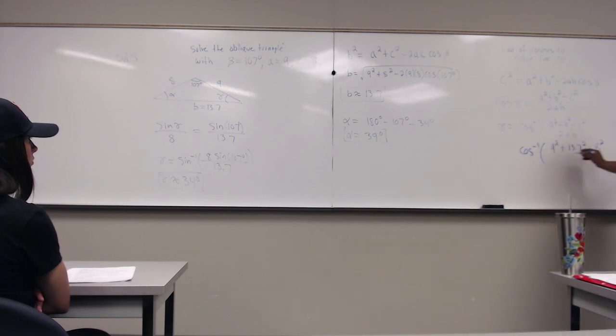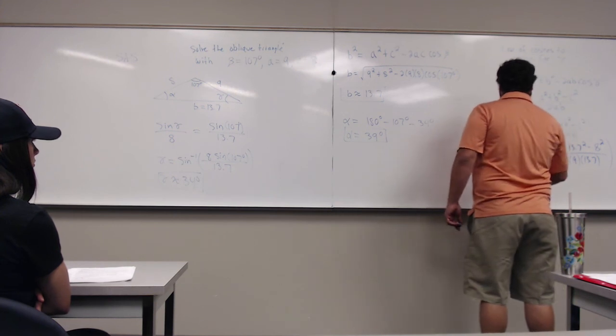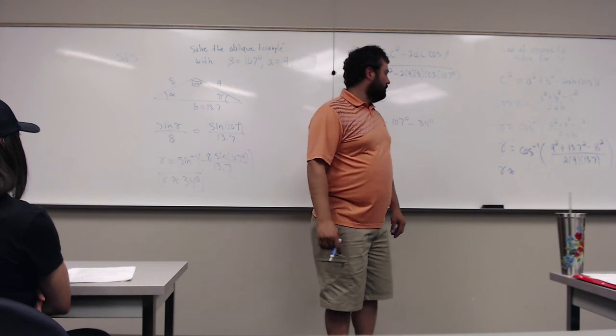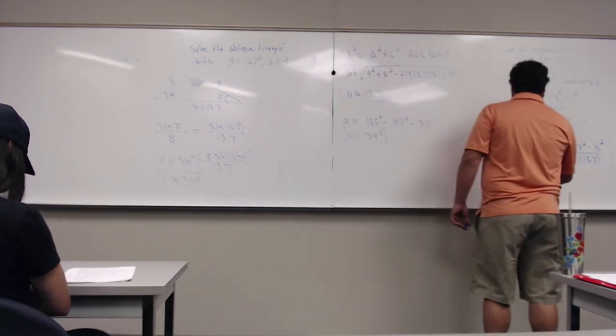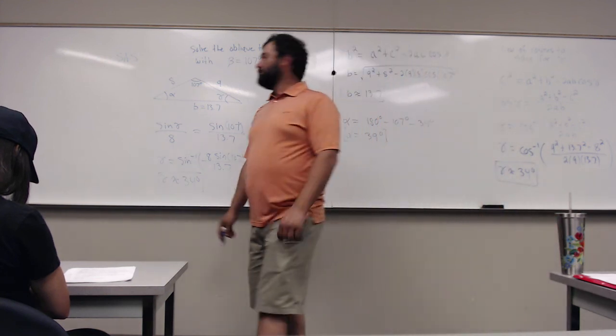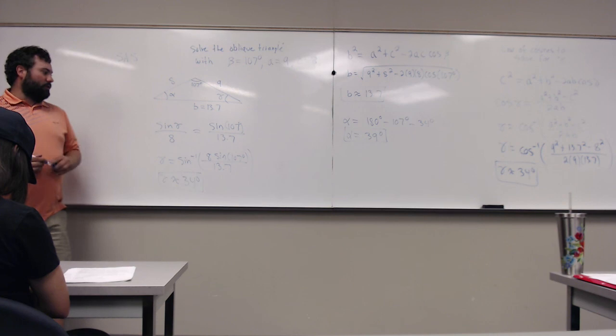Then you subtract c squared and divide by 2 times 9 times 13.7, and you plug that into cosine inverse. What do you get if you round that? You get 34 degrees, which is the same thing you got using law of sines.